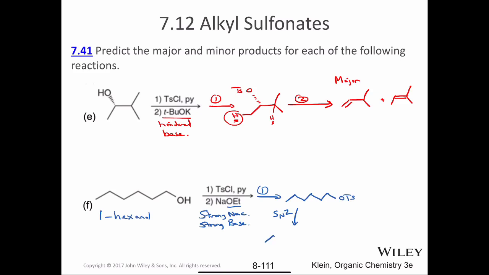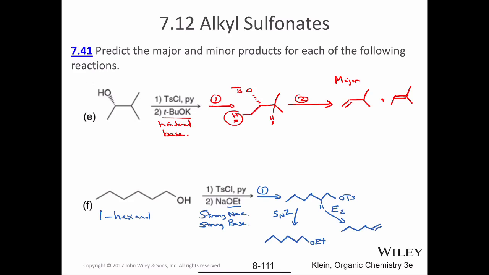So I have 1, 2, 3, 4, 5, 6, and then I have my oxygen, and then I'm going to have my OEt. So there's my ethyl, and if it undergoes an elimination mechanism, I can pull off one of these protons here and make this alkene.